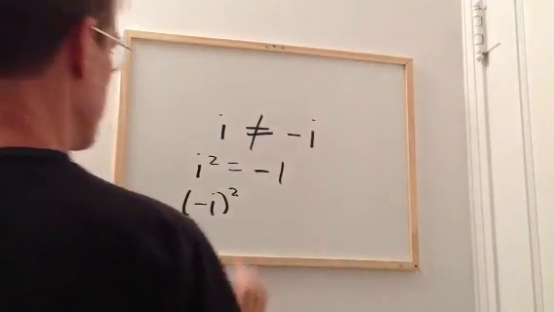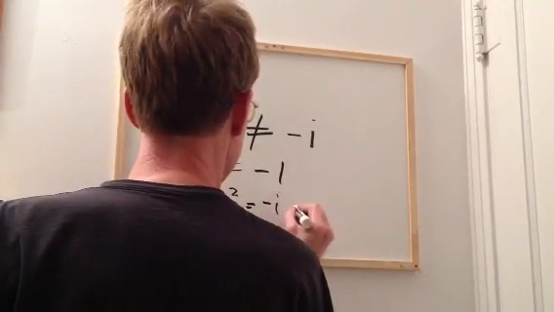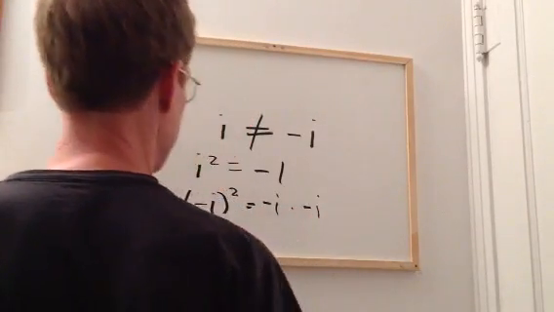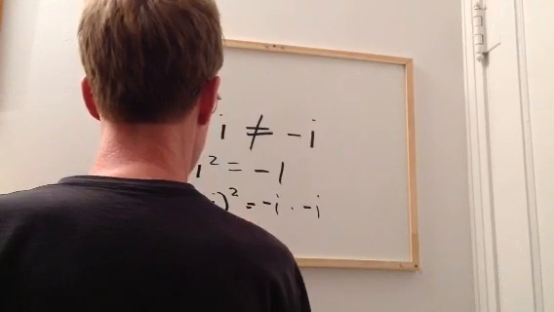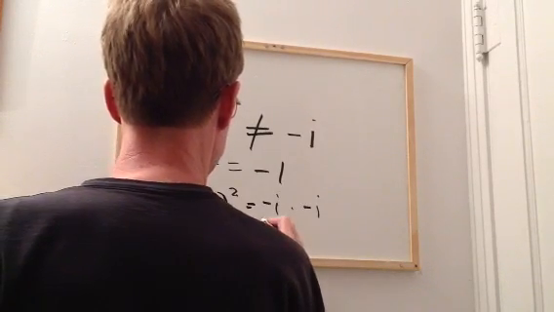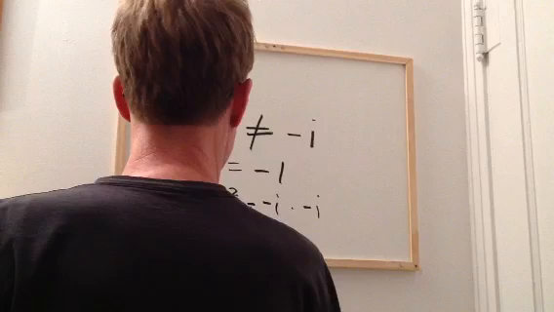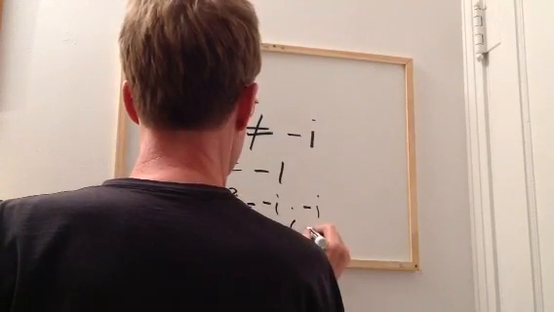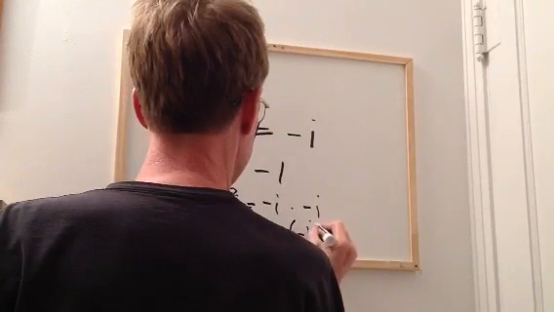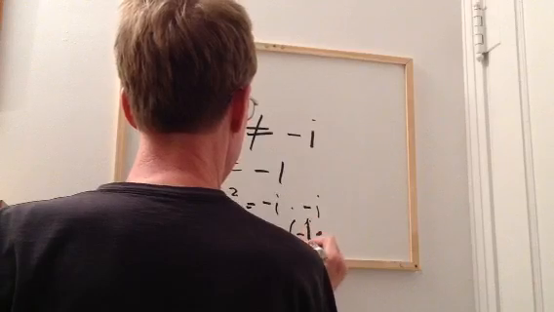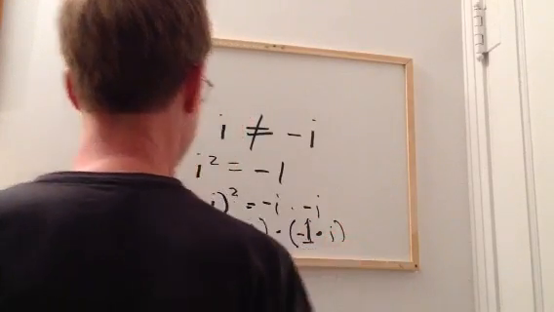Well, minus i squared equals minus i times minus i, equals minus 1 times i times minus 1 times i.